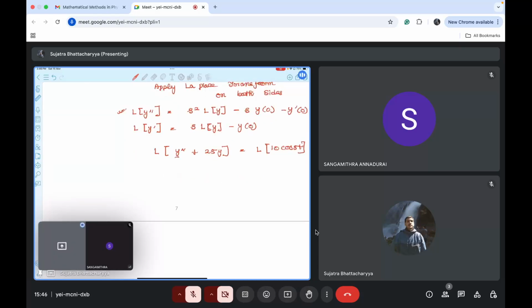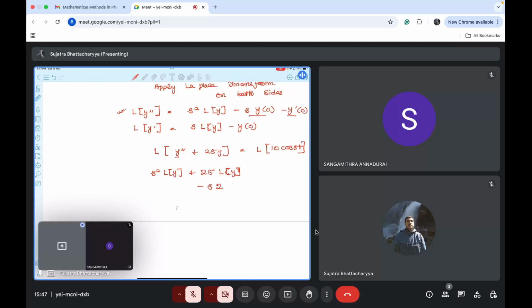So take the Laplace transform of y double dash. So what it will be? s square L of y, Laplace transform of y. Okay. Then what? Then plus 25 L of y. But wait, these terms are also going to be there. Minus s times y of 0, given as 2, I think.